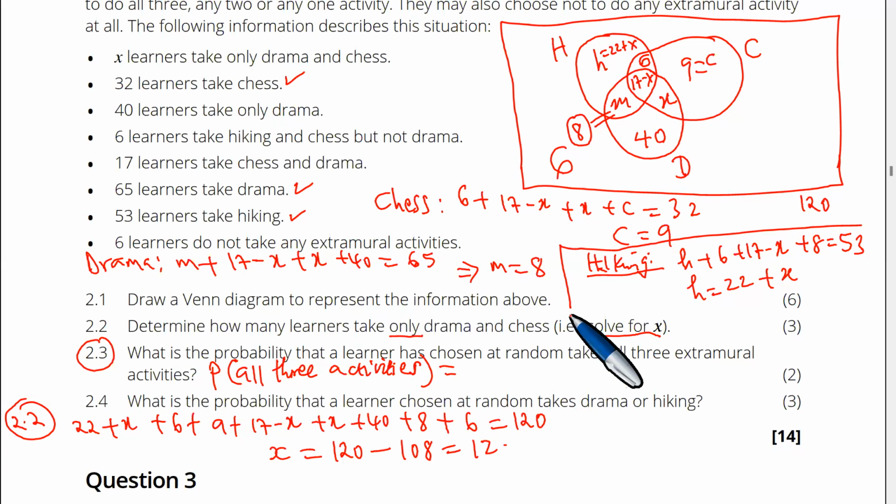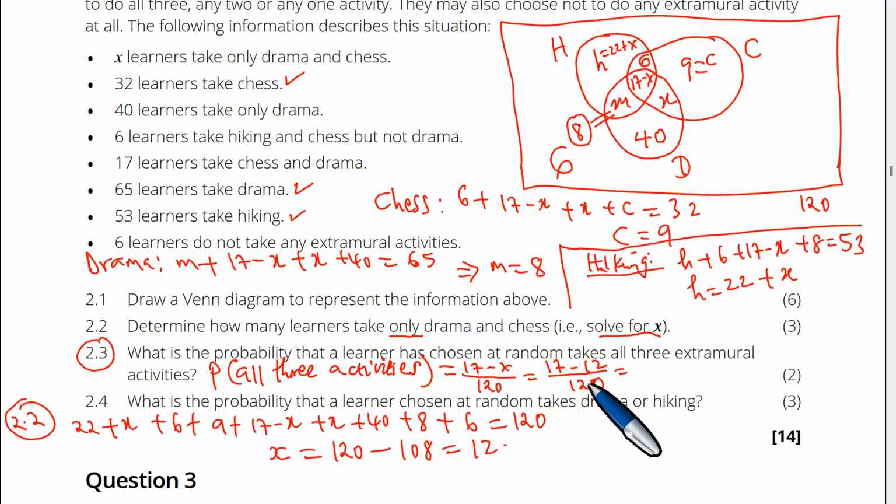Now we know that x is 12. So all 3 would be 17 minus x divided by the total number of all the learners. So it is 17 minus, what is x? x is exactly 12, divided by 120.